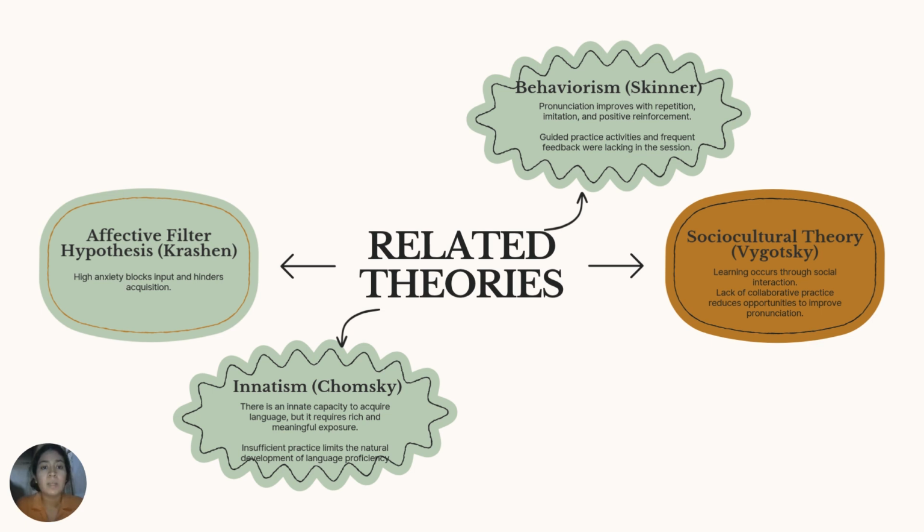Because, as we said, the problem was identified in a classroom in an English session, and according to the behaviorist theory by Skinner, the learning process happens when there are imitation and repetition constantly.